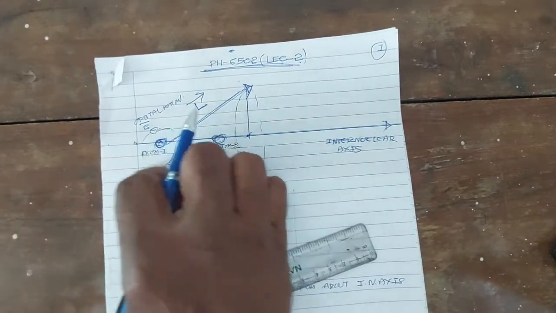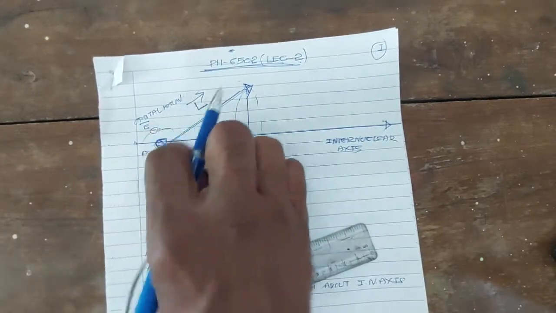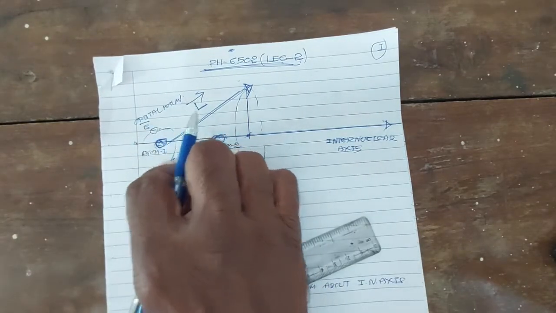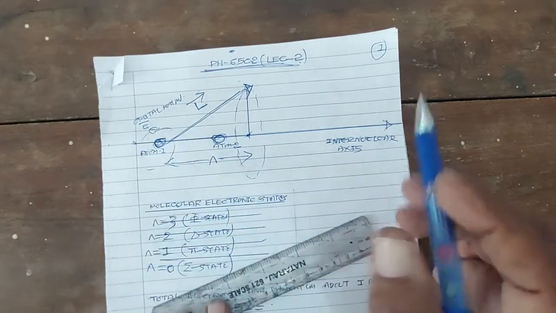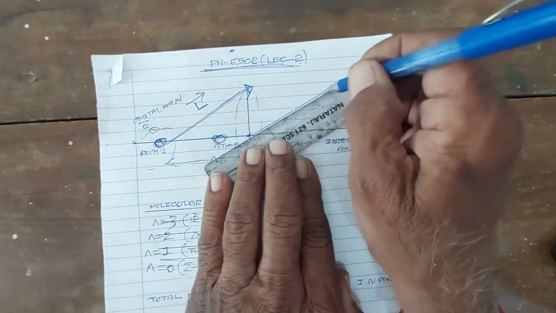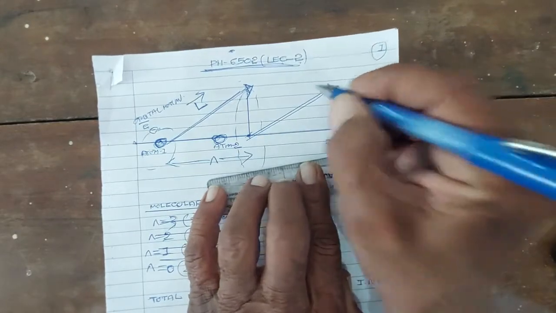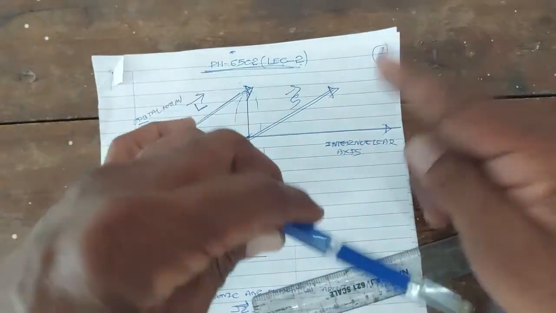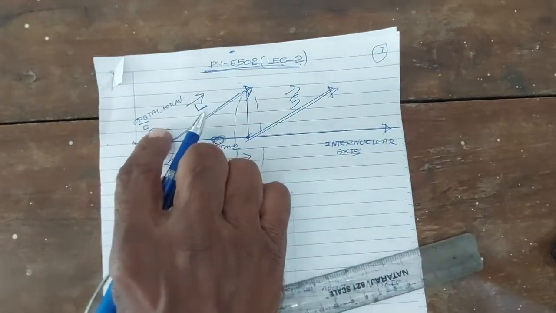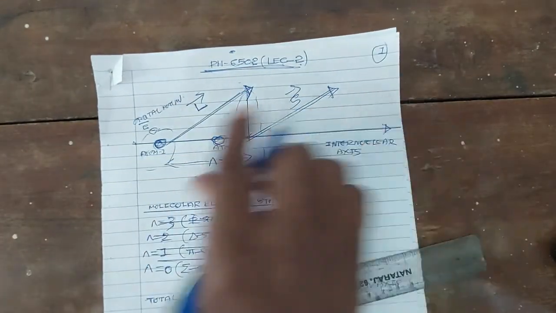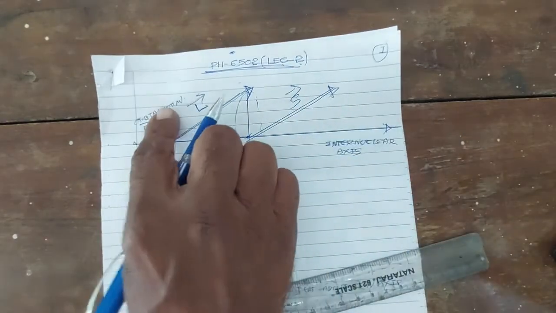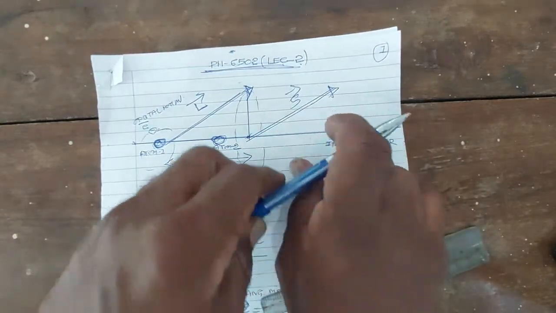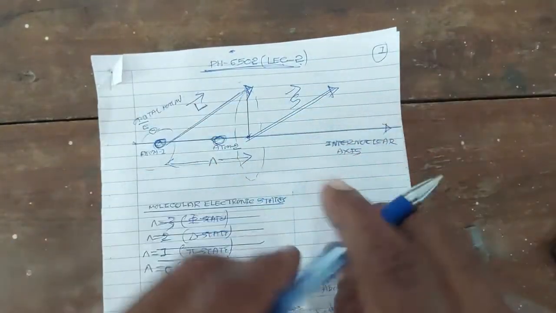Due to the interaction with the magnetic field produced by the orbital motion of the electron, the spin angular momentum vector S also precesses about the internuclear axis. The electronic spin angular momentum vector S precesses or rotates about the internuclear axis.